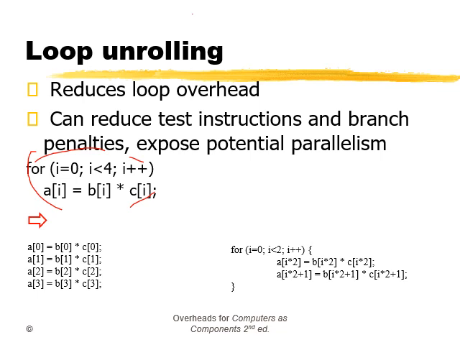It means it's going to run for i equal to 0, 1, 2 and 3. So we are multiplying these two statements for i equal to 0, 1, 2 and 3. We are unrolling the loop 4 times. Whereas here we have reduced the loop overhead and we are just unrolling the loop for 2 iterations, 0 and 1. However, we have gained parallelism here.